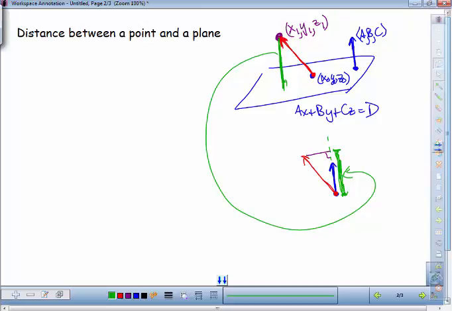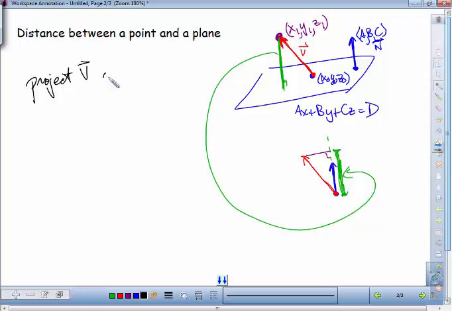So let's call this vector for now v, and let's call this vector n, a normal vector. So we're projecting v onto n. But let me write it differently because I just want the scalar projection.